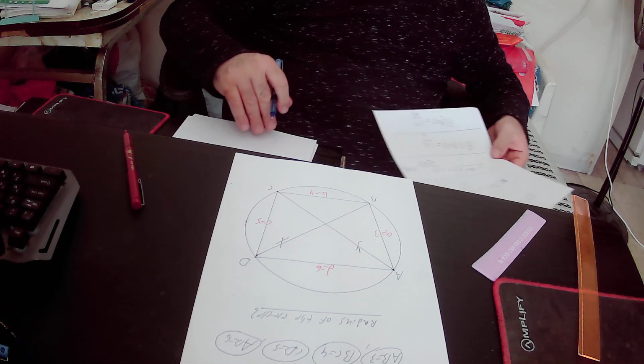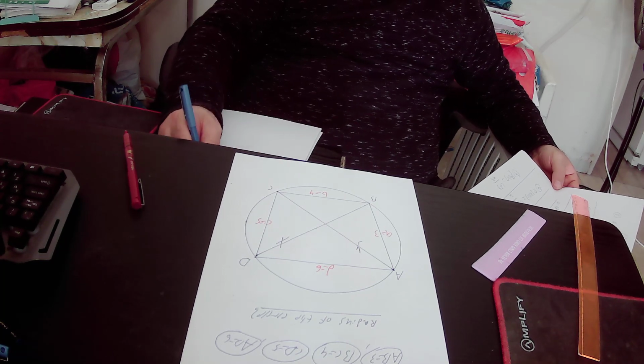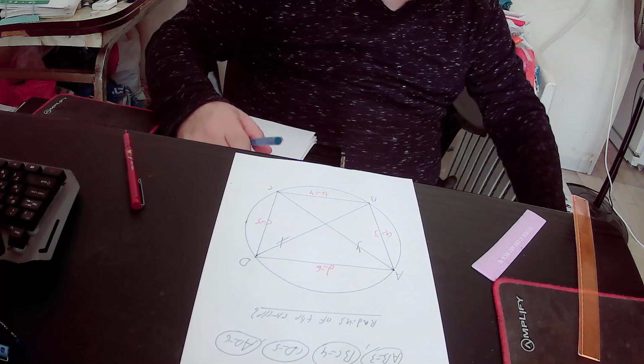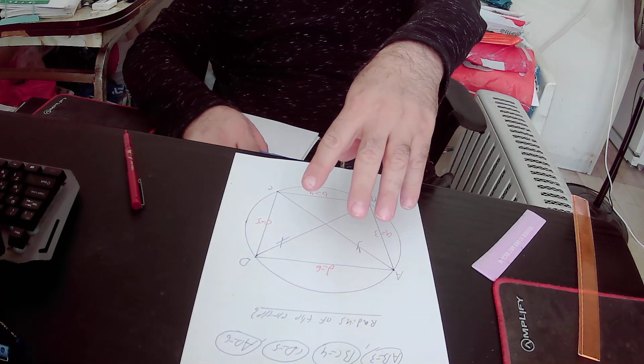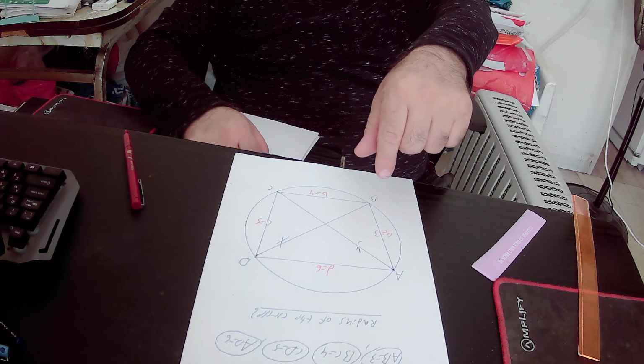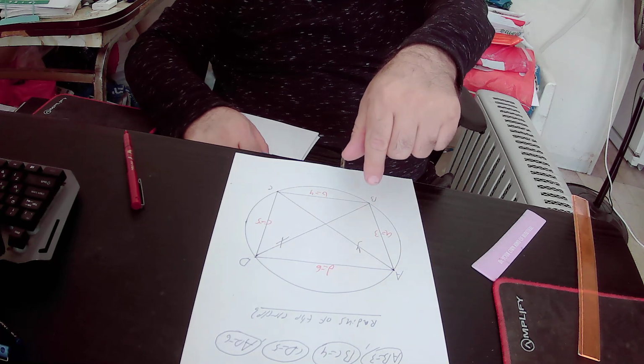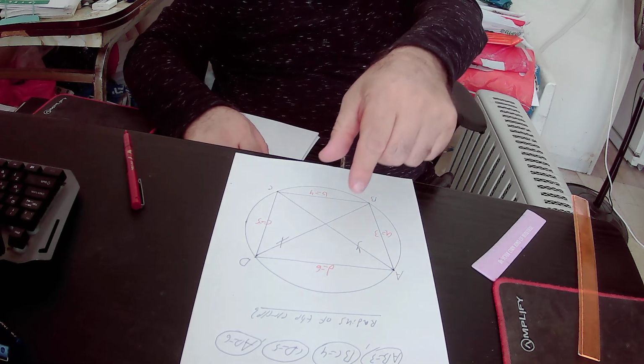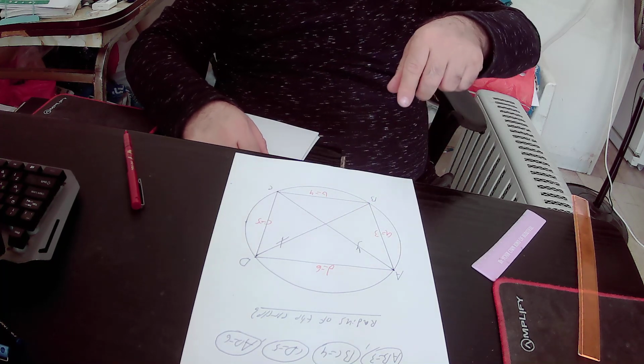But as you can see from the drawing, quadrilateral ABCD consists of 2 triangles, triangle ABC and triangle ADC.